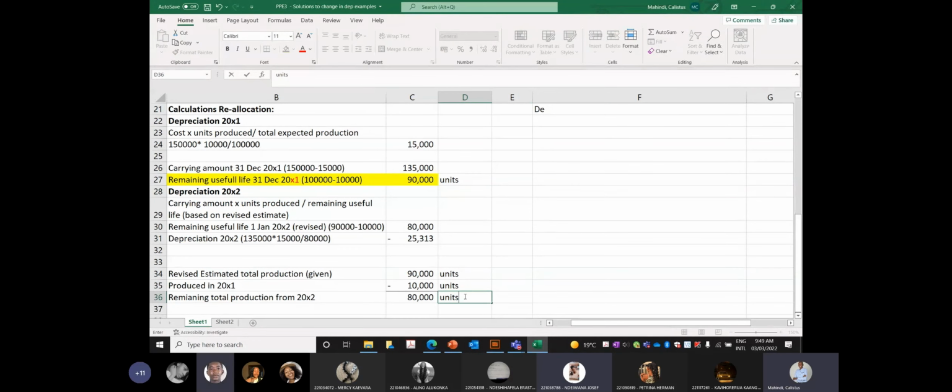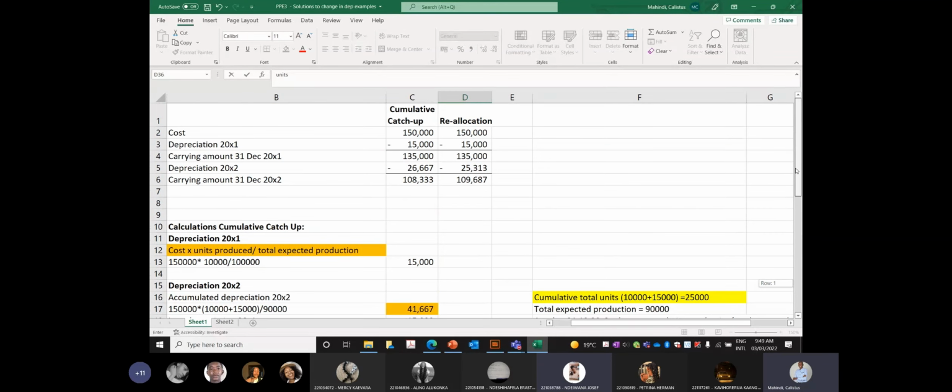So now that we know that we can produce 80,000 units, we have to calculate the depreciation for 20X2. How will you calculate the depreciation for 20X2 using the reallocation method? You're just going to take the carrying amount, which is 135,000. That is the same as was calculated using the cumulative catch-up method.